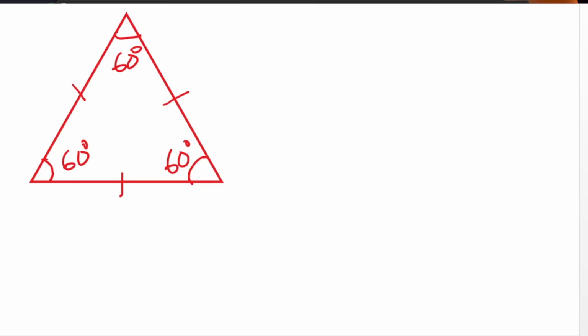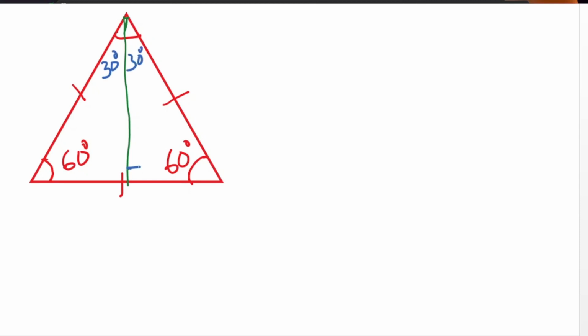We're going to bisect this 60 degrees into 2. So we bisect it, we divide it by drawing a line here. This line that is drawn here has divided this 60 degrees into 2. So this one would then be what? 30 degrees, and this also would be what? 30 degrees.